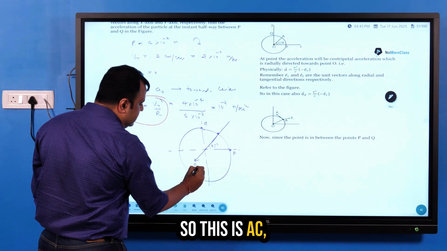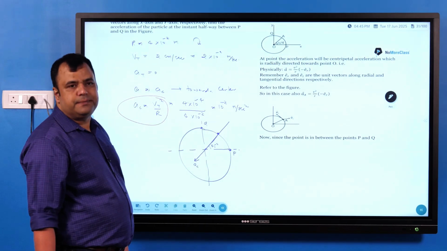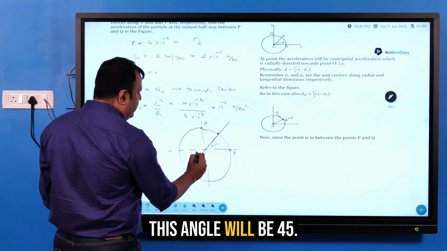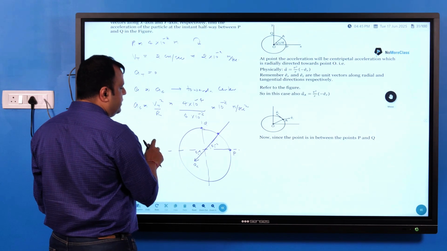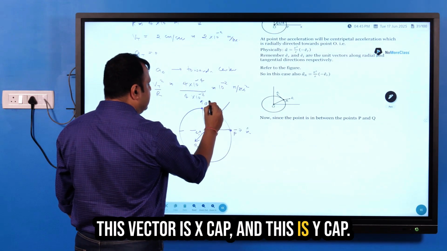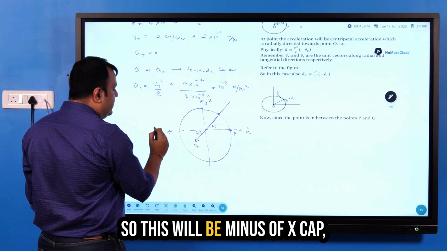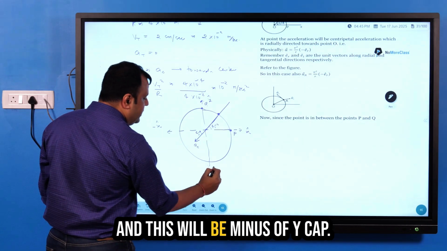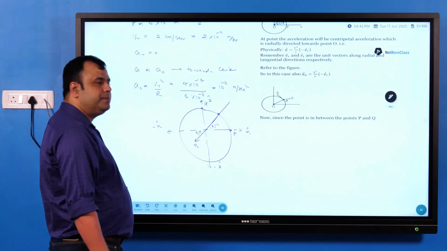So this is AC. This angle will be 45. This vector is x cap and this is y cap. So this will be minus of x cap and this will be minus of y cap.